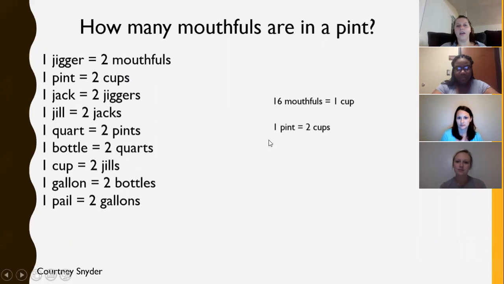So we are going to double the mouthfuls to equal 2 cups. It's supposed to be 32 mouthfuls to 1 pint. It's written down wrong, I apologize about that. But it is 32 mouthfuls to 1 pint. Thanks.